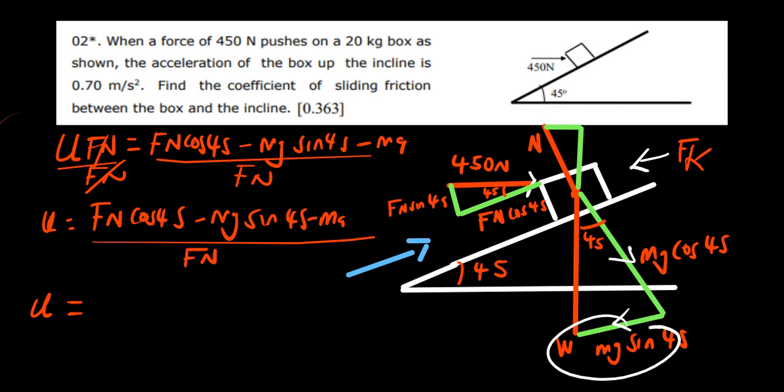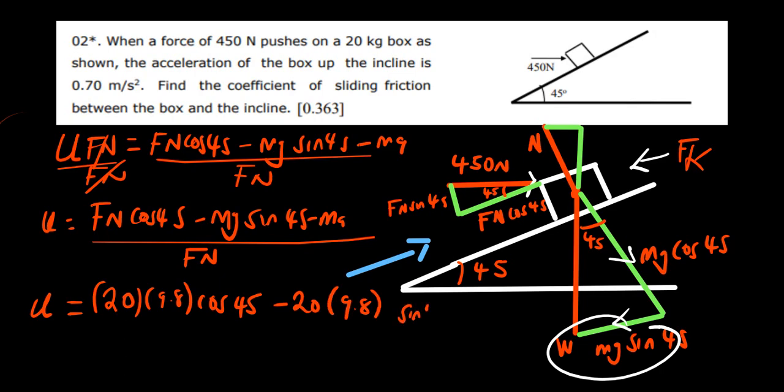Because it's under the influence of gravity. So our mass is 20, you know that. Our acceleration due to gravity is 9.8. Then we have cos 45 minus mg sin 45. Now mg, our mass, is 20 multiplied by 9.8, times sin 45, minus our ma.